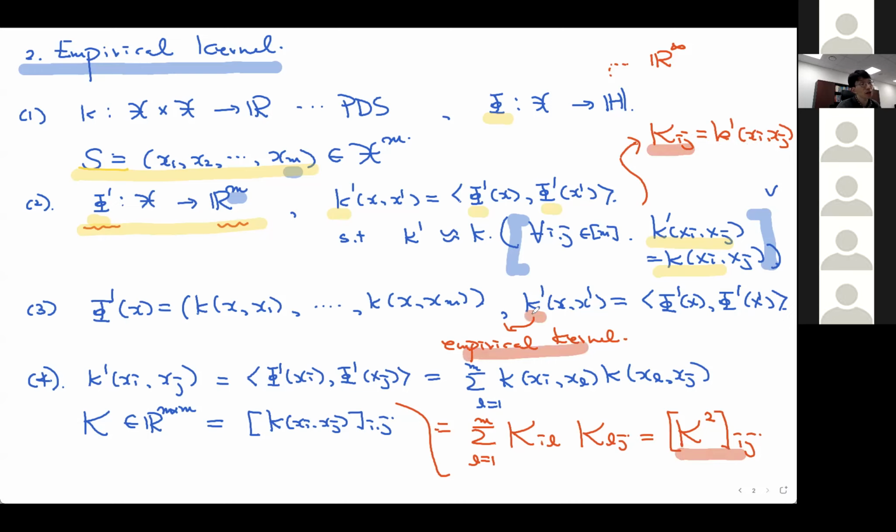But you may also ask the following question: can we somehow modify this empirical kernel in such a way that our original goal, this one, can be achieved? And it turns out there is a way to do so using the eigen decomposition of K. Okay, so that's what I'll tell you next.